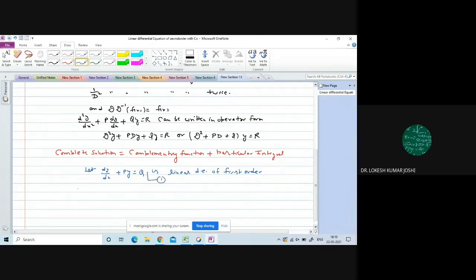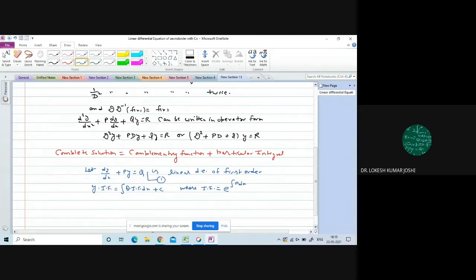We all know the solution of linear differential equation of first order. Whenever we are going to solve such type of equations, the solution is y into integrating factor equals integral of q into integrating factor dx plus c, where integrating factor equals e to the power integral p dx.